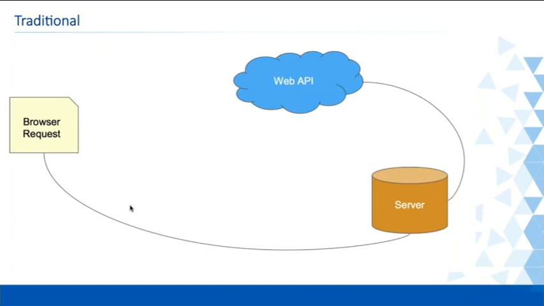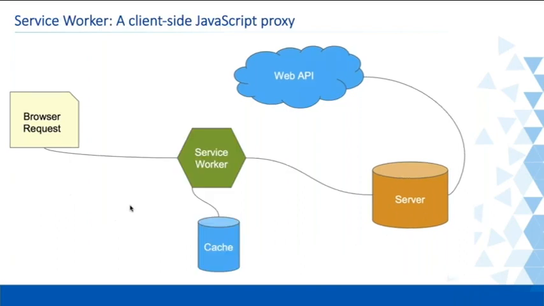So the same thing is explained in a simple diagram that you can see. You have a browser, you have a web server. Your request goes to the web server, and there is a web API which is always available. Now what changes is there is a service worker which sits in between and acts like a proxy. Again, this service worker is within the device itself.